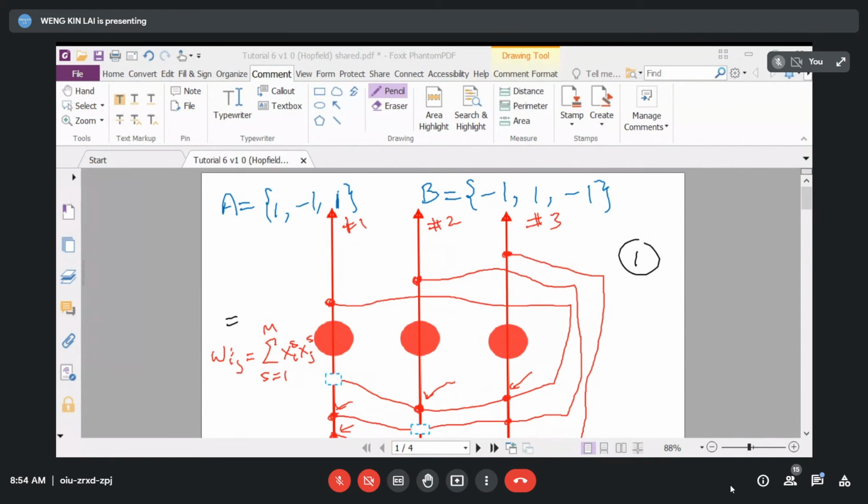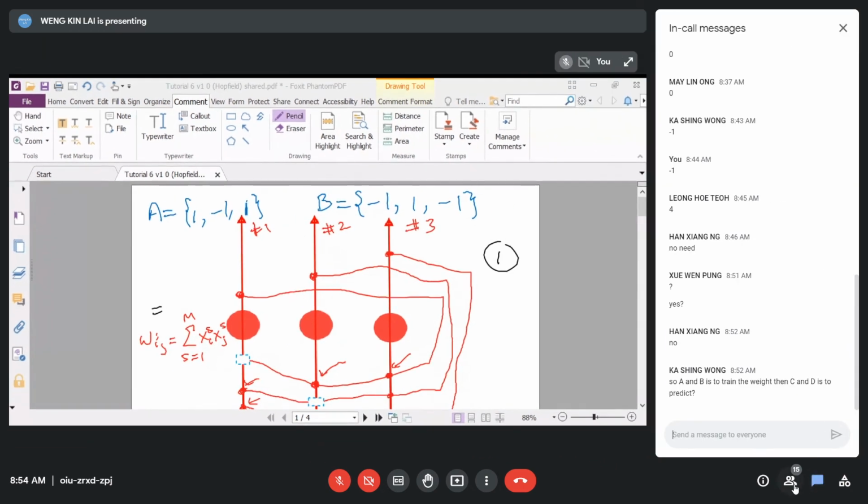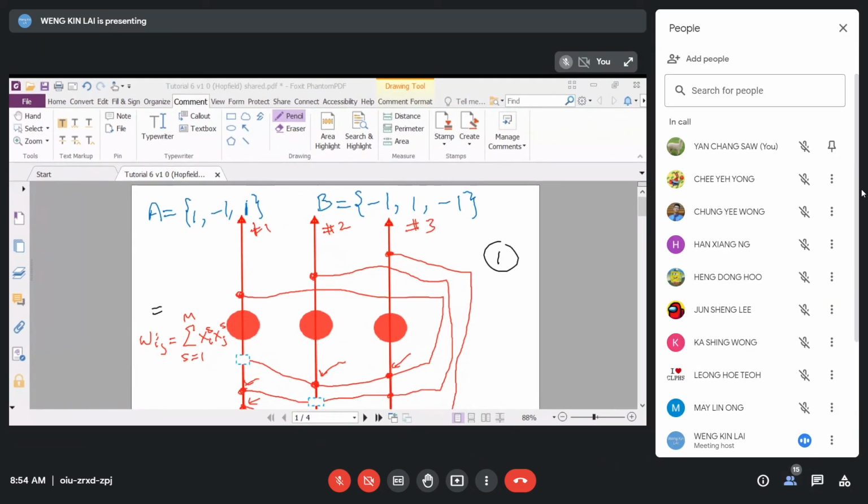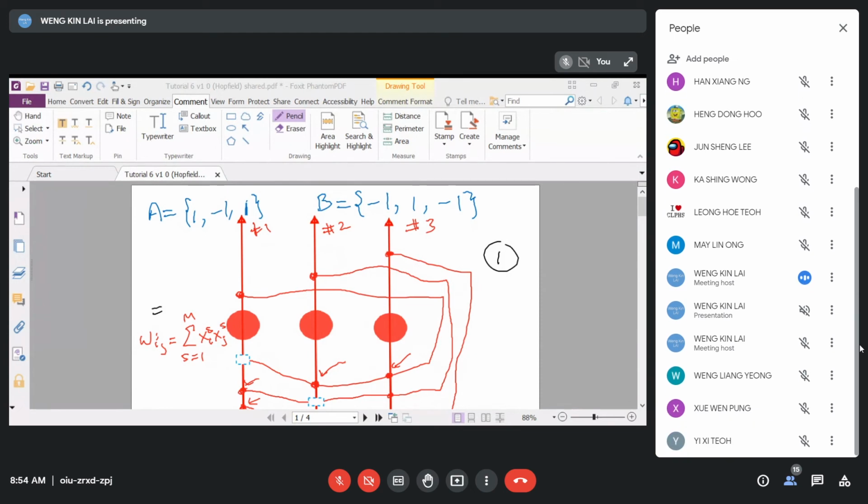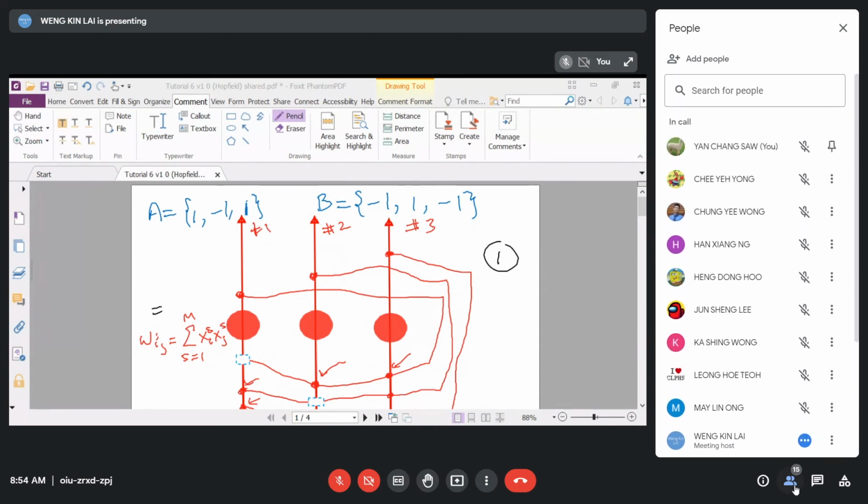But the new Zhongyi with long hair still looks a bit like Zhongyi, isn't it? So I don't need to retrain. But if I want to look at Leong Ho, for example, and Yan Chang has not seen Leong Ho before, then maybe I need to retrain my network to include that this is Leong Ho. Does that make sense?